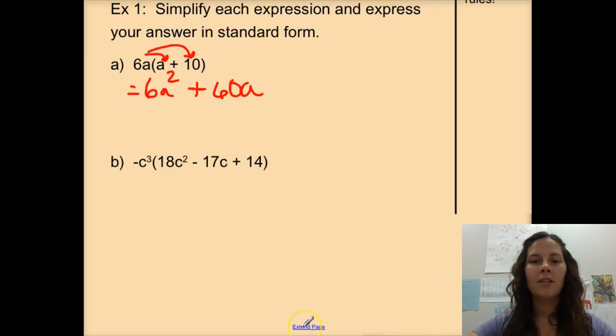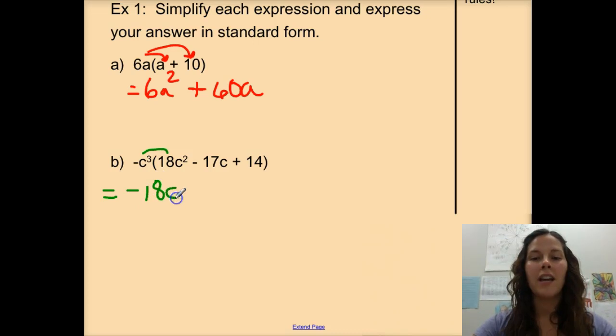So we're good. Looking at our next, again, distribute that negative c cubed through to everything. Just keep multiplying and multiply one piece at a time. So the negative coefficient for our c cubed times the 18 gives us a negative 18. C cubed times c squared, again, add the powers when we multiply, distributing the negative c cubed to our 17.